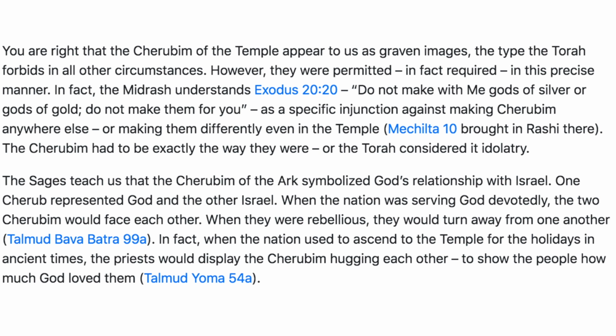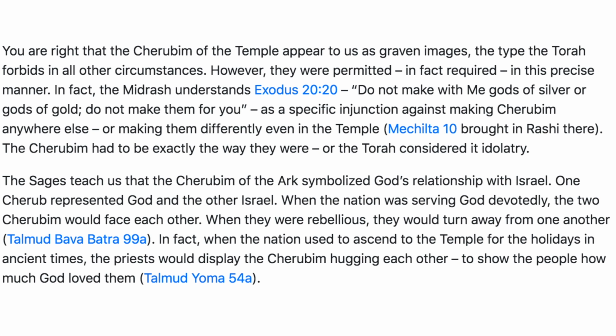In fact, the Midrash of Exodus 20:20 understands, "Do not make me gods of silver or gods of gold, do not make them for you," as a specific injunction against making cherubim anywhere else, or making them differently even in the temple, as Mechilta 10 brought in Rashi there.